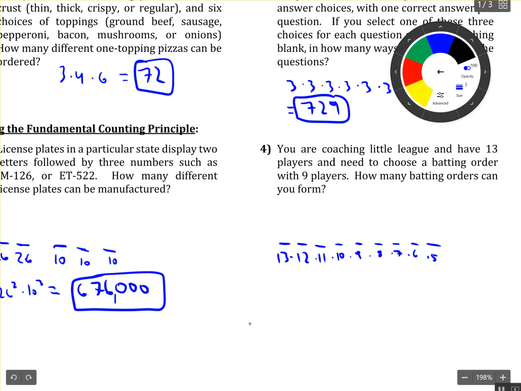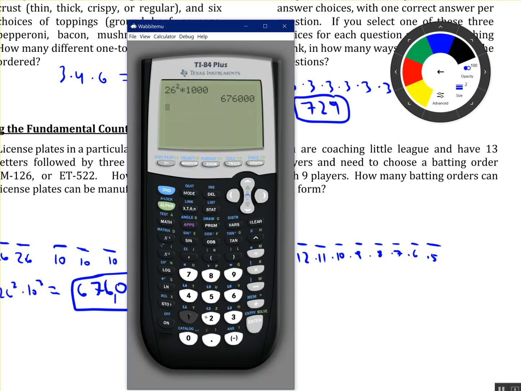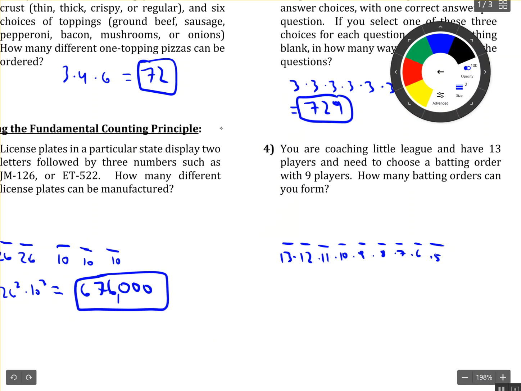If we break that out on our calculator, 13 times 12 times 11 times 10 times 9 times 8 times 7 times 6 times 5, we end up with 259,459,200 possible.